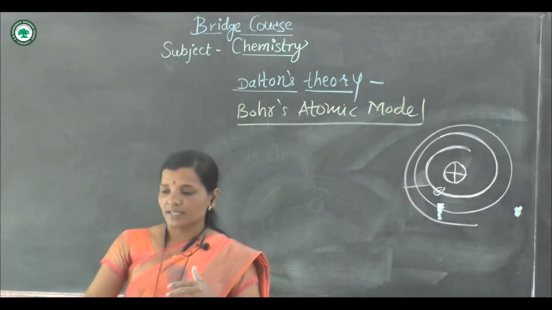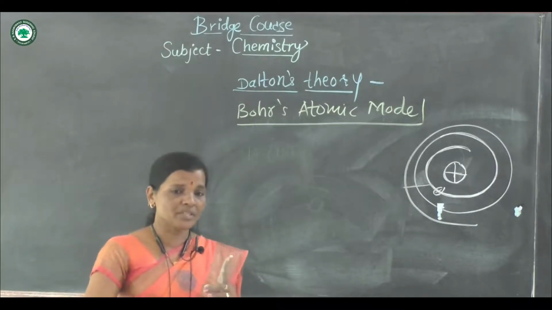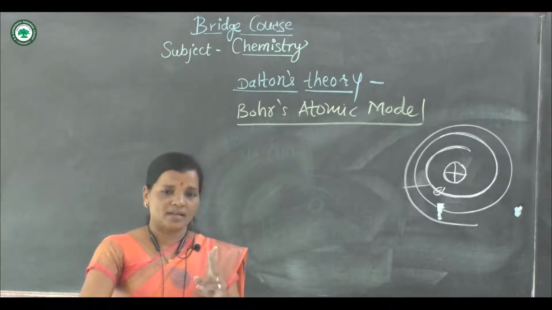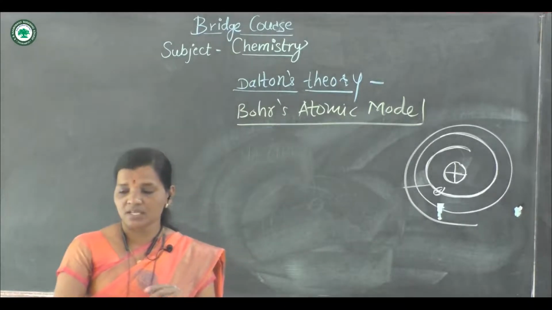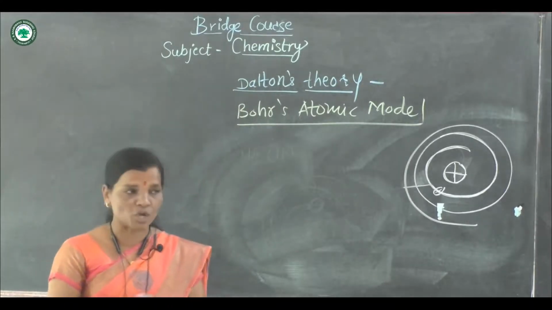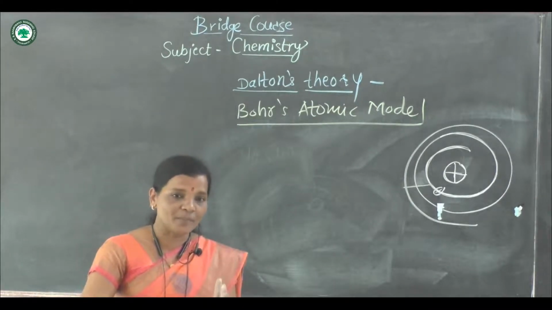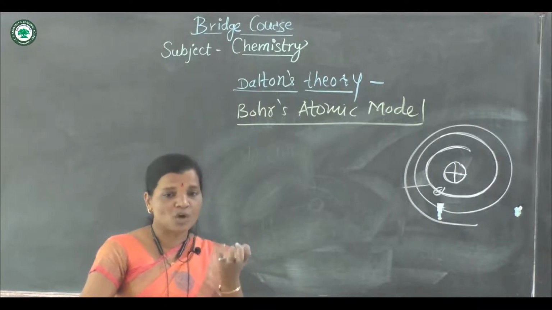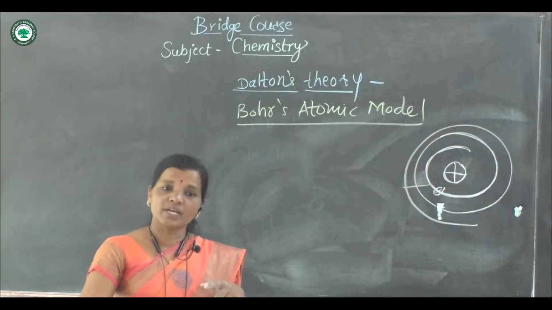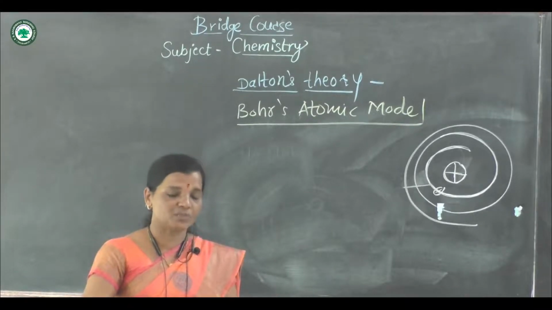So there should be an energy difference between the two orbits. Consider the frequency of radiation absorbed or emitted. When electrons jump from a lower energy level to a higher energy level, they absorb some energy. Only then is the jump possible.